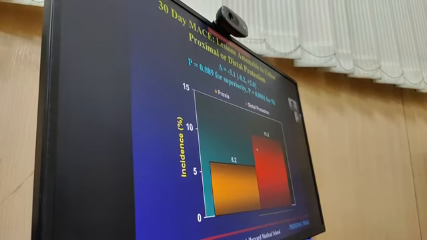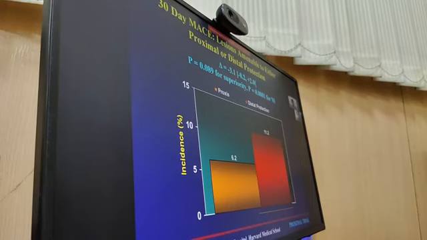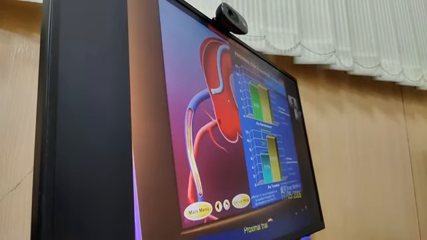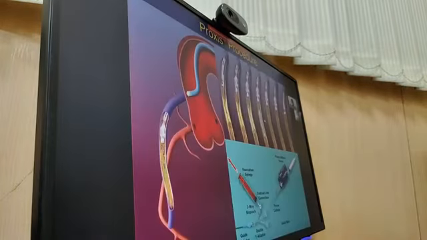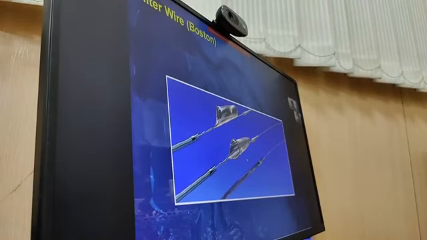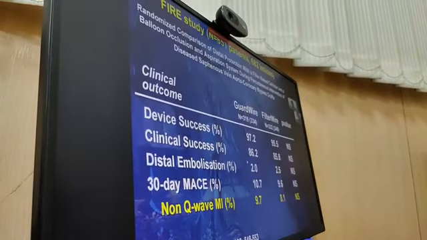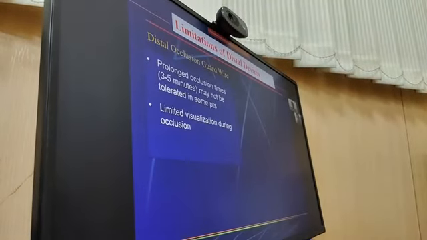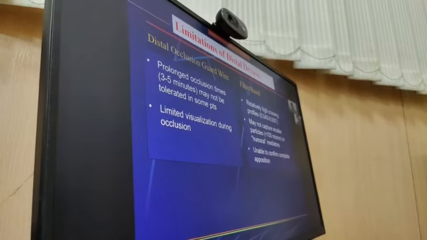But as I told you, I have never used proximal protection devices. They are from St. Jude. Overall, the results are better with proximal devices. This is a trial which has shown that, but we are not using it. It is beautiful, because what happens in distal protection devices is one flaw: during the time of passing the wire, when you are crossing the wire, you may still have some distal embolization.